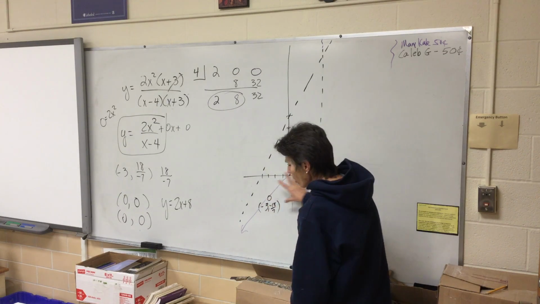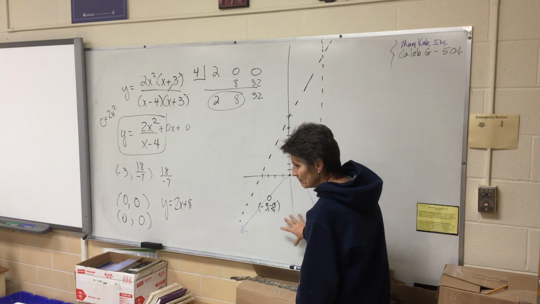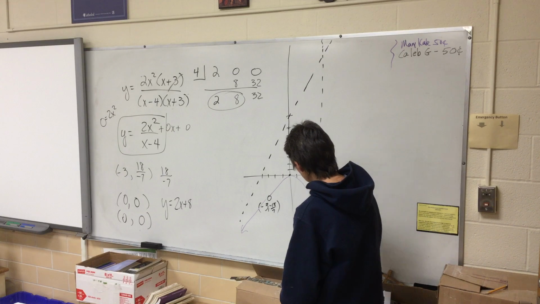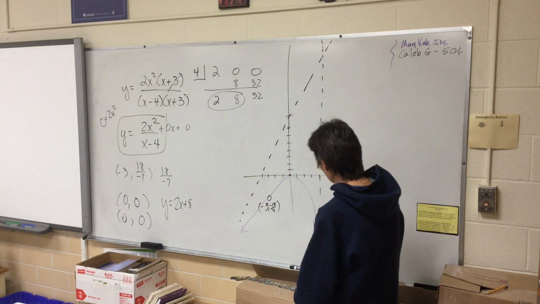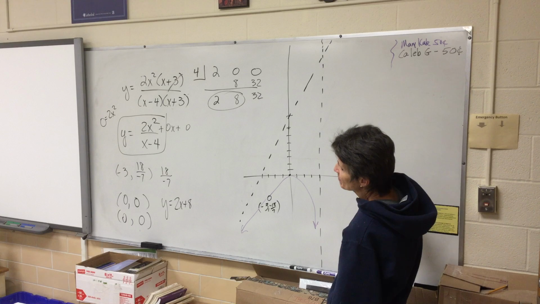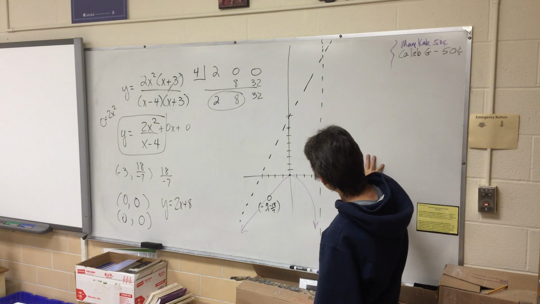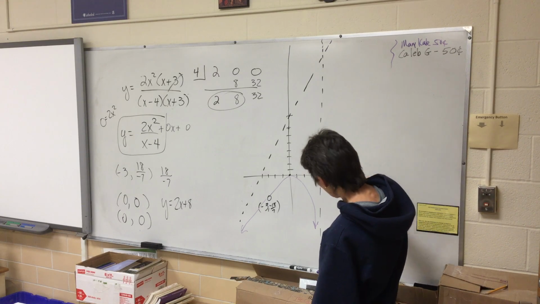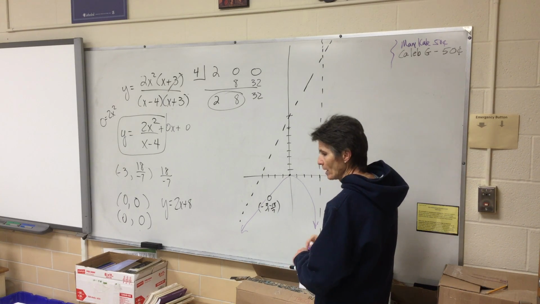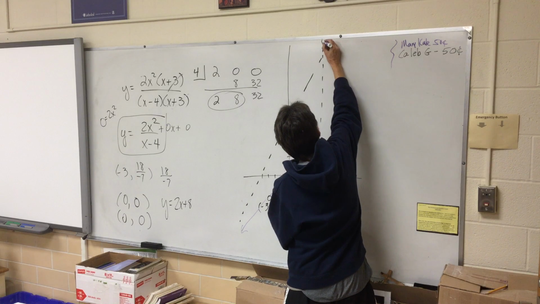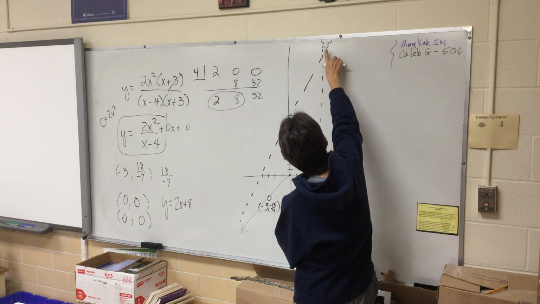You've already drawn the left side. Here it is, the asymptote. You've already drawn something on the left. So now you got to draw something on the right. Knowing what you know, where do you think the something on the right is going to be drawn? Right up here. In the opposite corner.